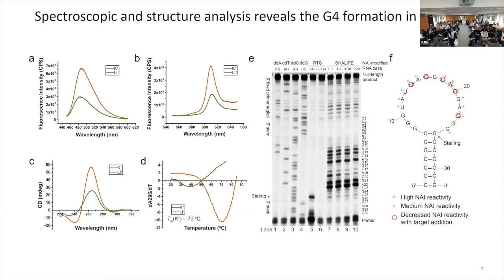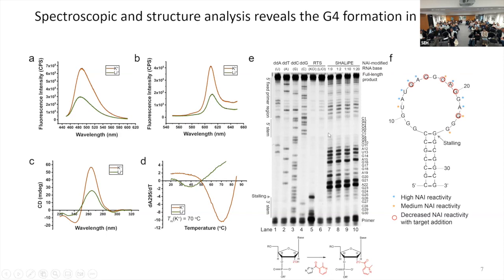And next, I want to see how the structure of the aptamer changes after target binding. Here I use NAI to modify the RNA bases. NAI can modify the nucleotide bases of single-stranded RNA, but not G4 or double-stranded RNA. Let's see lane 7 first.